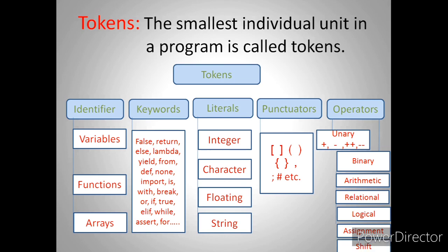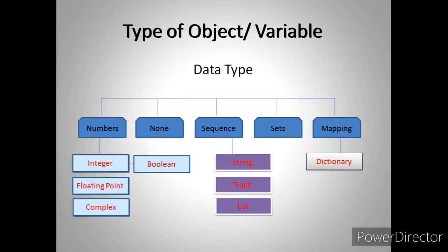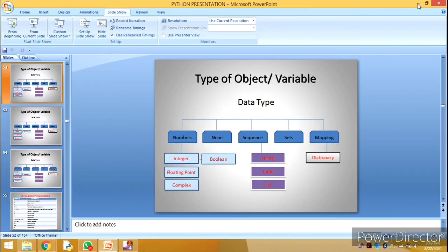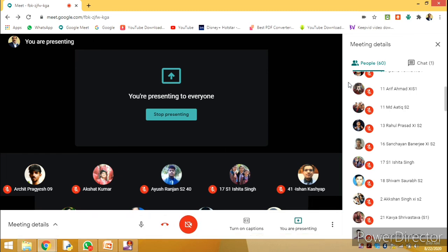Next we have the shift operator. That is the greater than sign two times, right shift, and the less than sign two times, left shift. So these are the operators which we have discussed just now.